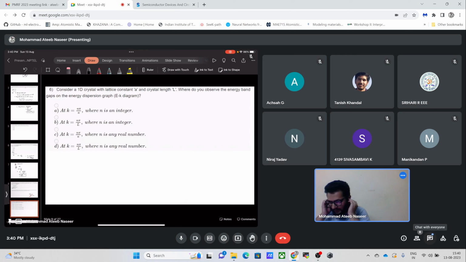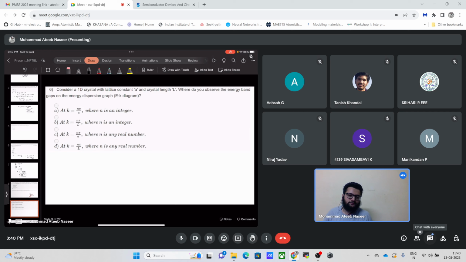Now let's move towards another problem, where we have been told to consider a 1D crystal lattice with some lattice constant equal to A, and the crystal length, which is the total length of the crystal.